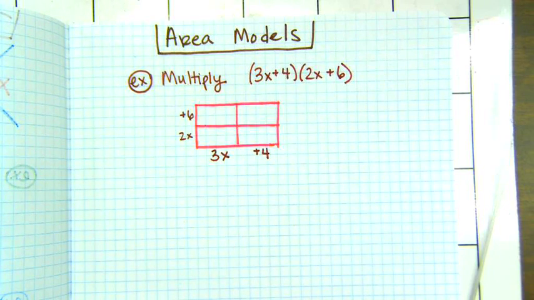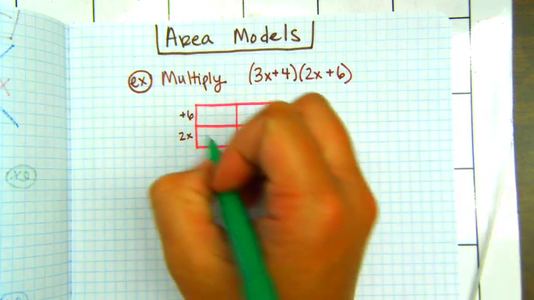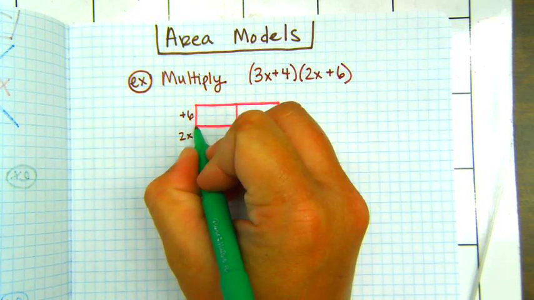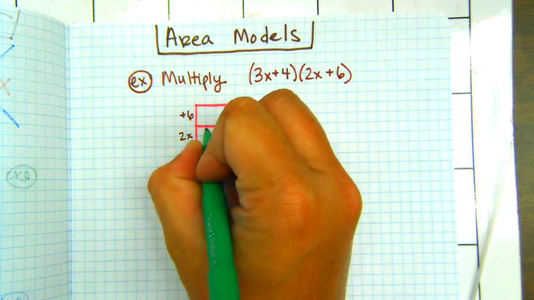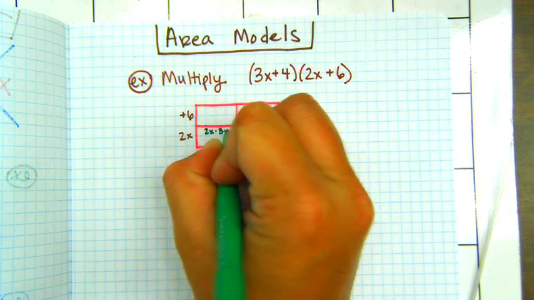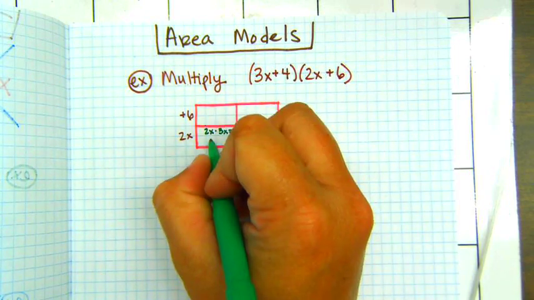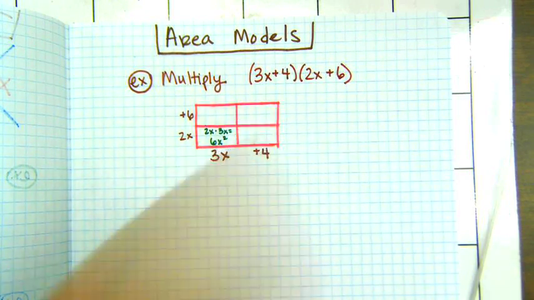And then how you complete your area model is you multiply. You're going to multiply each length and width. So this little box right here is 2x times 3x. So I'm going to write 2x times 3x equals, and we figure out what 2x times 3x equals. Well, that's going to be 6x squared.